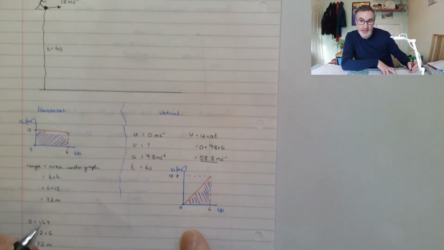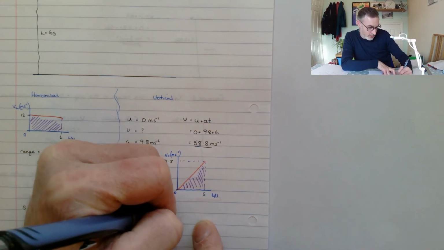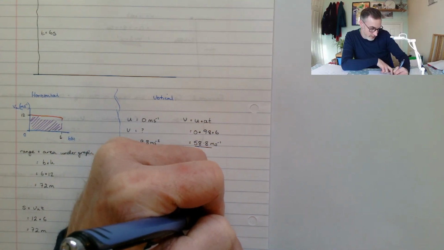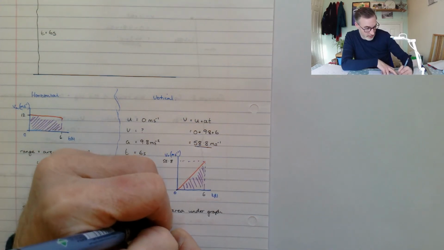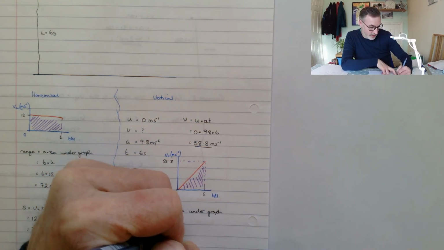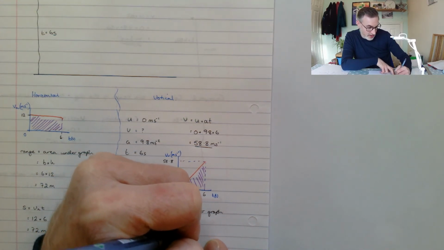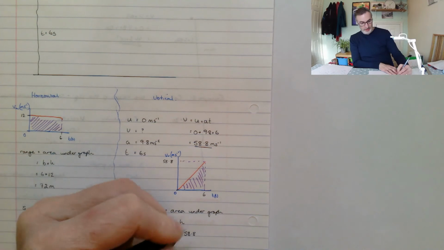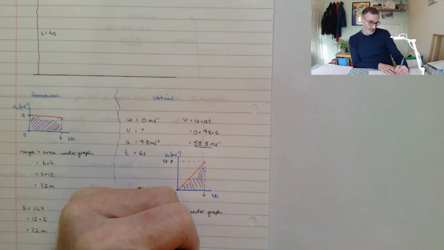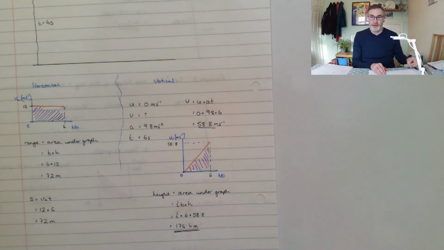And we're going to say height is equal to area under the graph. That's going to be a half base times height. It's going to be a half times 6 times 58.8, and that's going to give us a total of 176.4 meters, and that's us done.